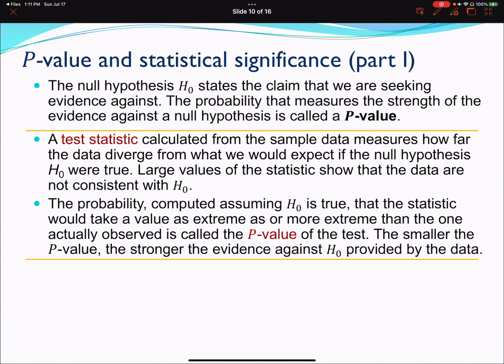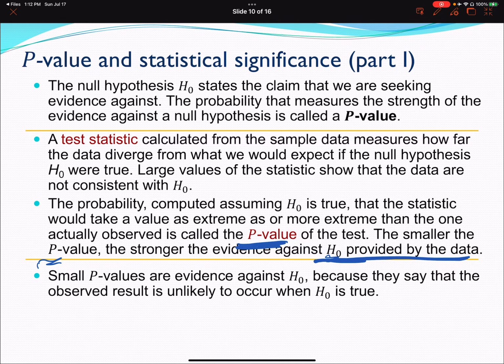The probability computed assuming H naught is true that the statistic would take a value as extreme or more extreme than the one actually observed is the p-value of the test, okay? The smaller the p-value, the stronger the evidence provided by the data. There's a saying, if the p is low, you reject the H naught, the null hypothesis.